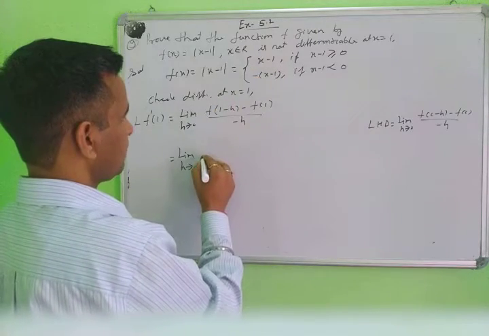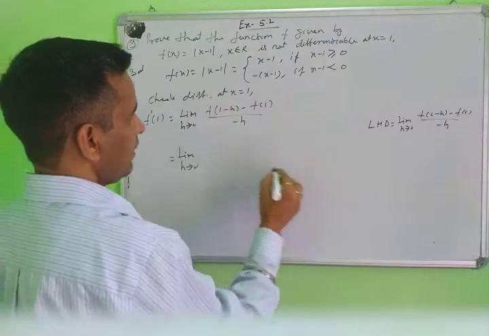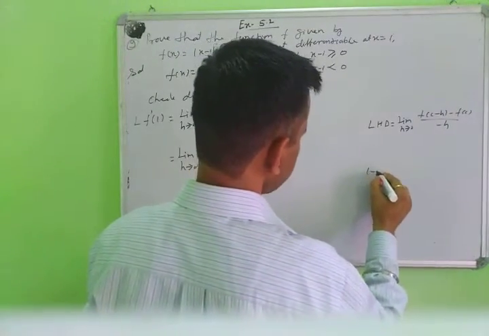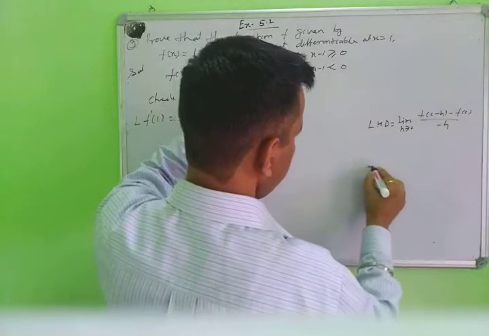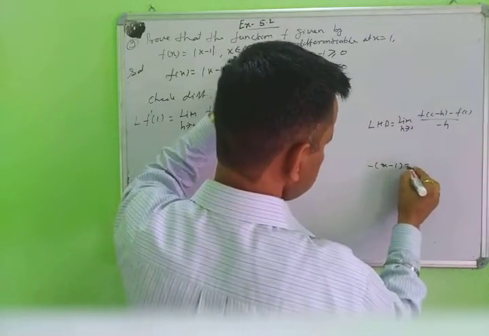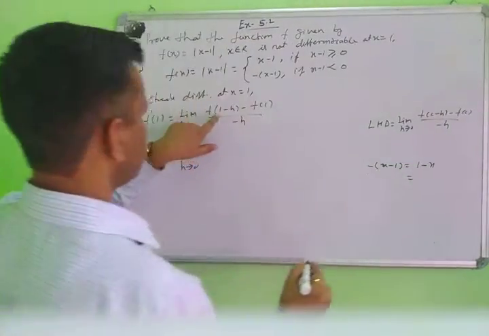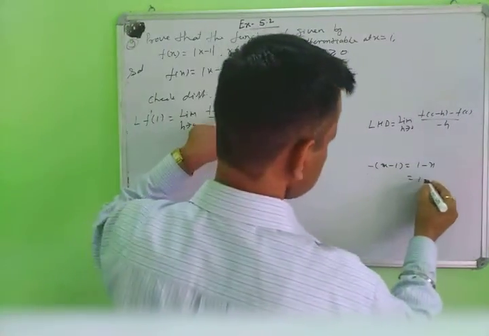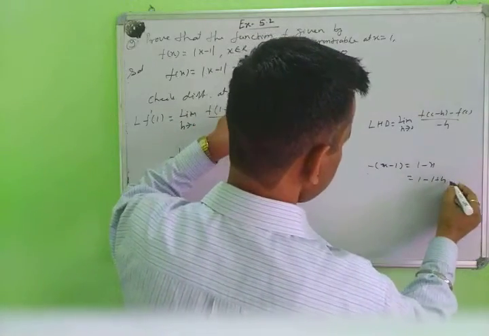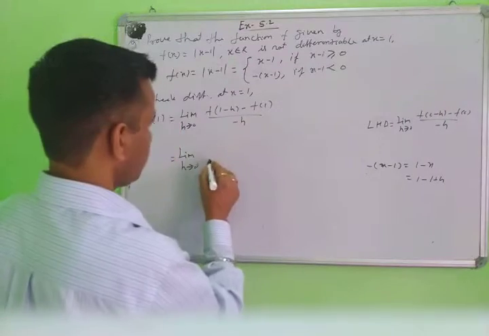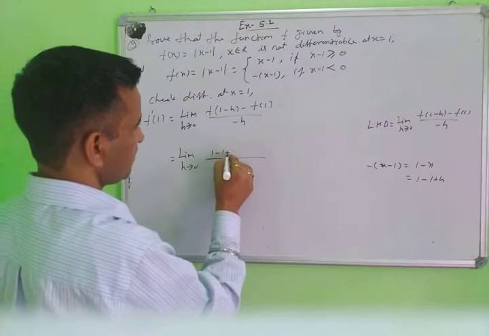The function here is minus (x minus 1), which means 1 minus x. So putting the value of 1 minus h in the place of x, 1 minus 1 plus h.